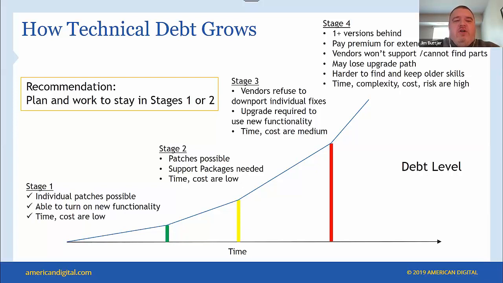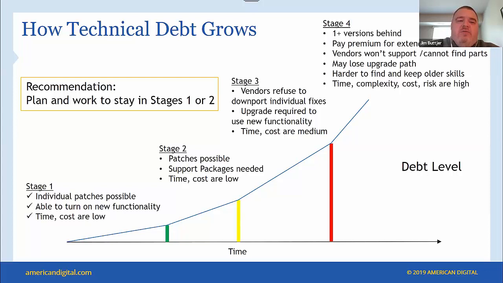So at stage one, maybe you just went live and you've been patching, keeping your systems up to date, and as a result, if there's a change that's needed or you want to innovate, it really doesn't cost you much. Maybe you have to apply a small patch, but it's not a project.